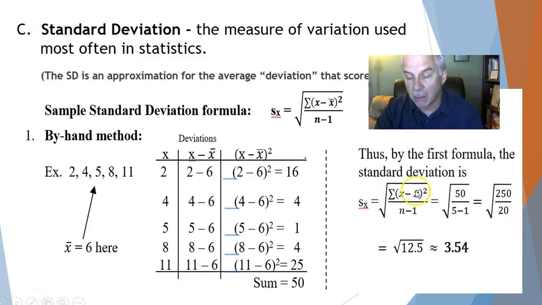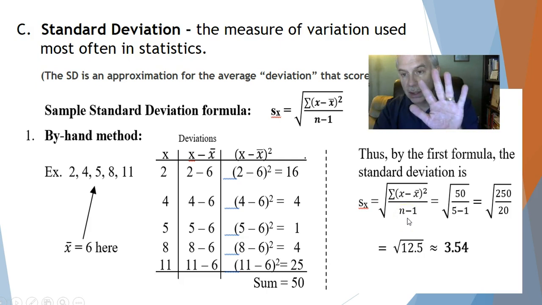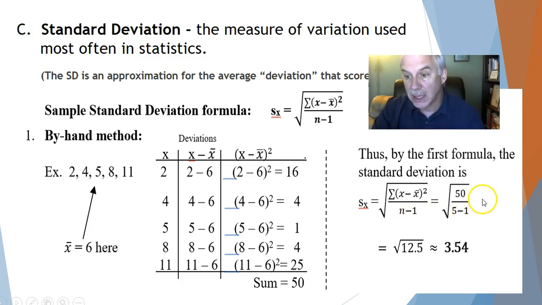And so the formula tells you to take the sum of all those deviations squared. So we did that already. We got 50 for the sum of the squared deviations, so that's the numerator. And then there are 5 scores, so 5 minus 1 is your denominator. That slide changed slightly.